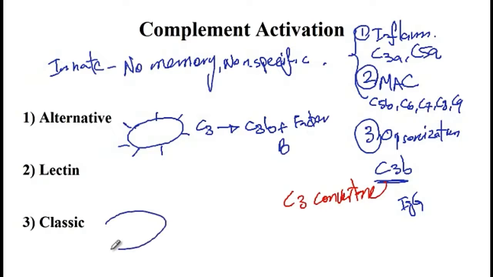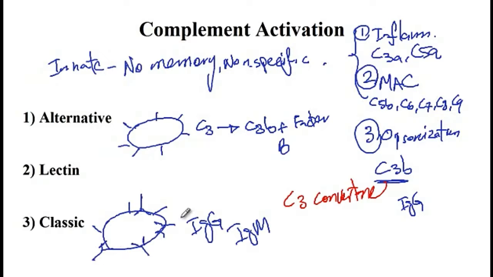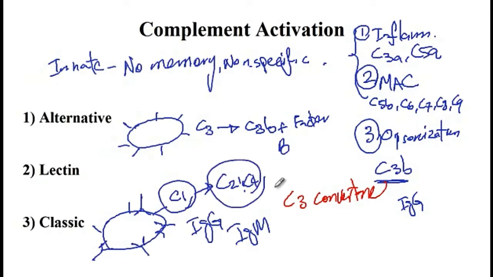In the classic pathway, the immunoglobulins IgG and IgM will bind to the surface of the pathogens, and upon this binding, they will cause the C1 complex to become active, which will cleave C2 and C4 molecules, and their eventual product will again lead to the activation of the C3 convertase.